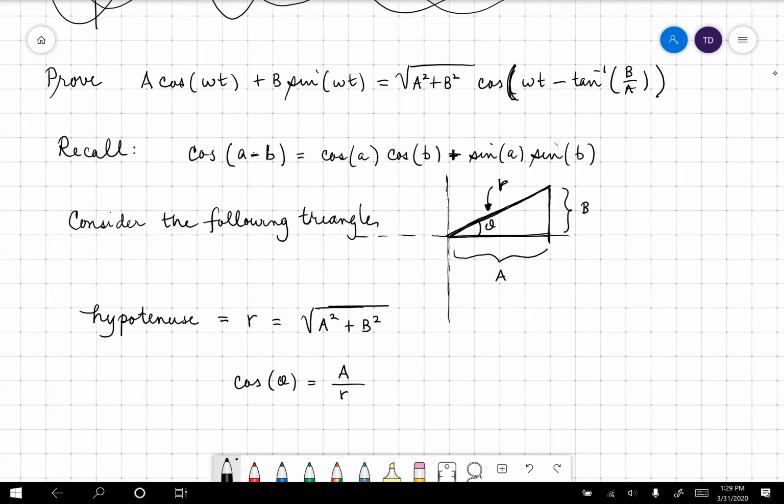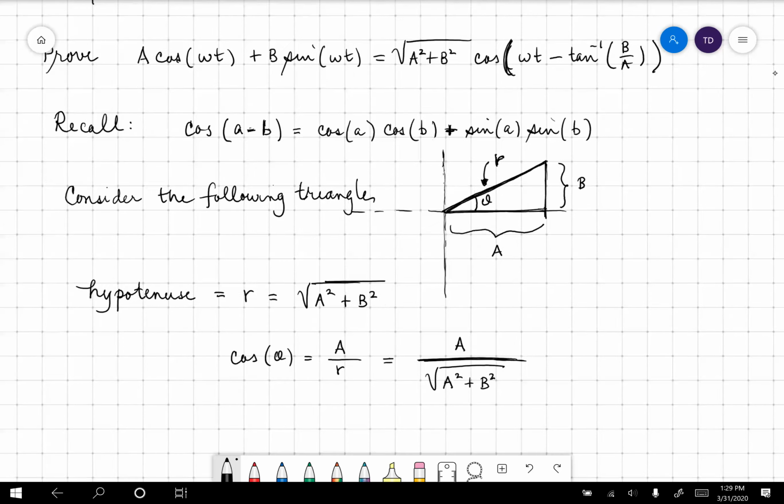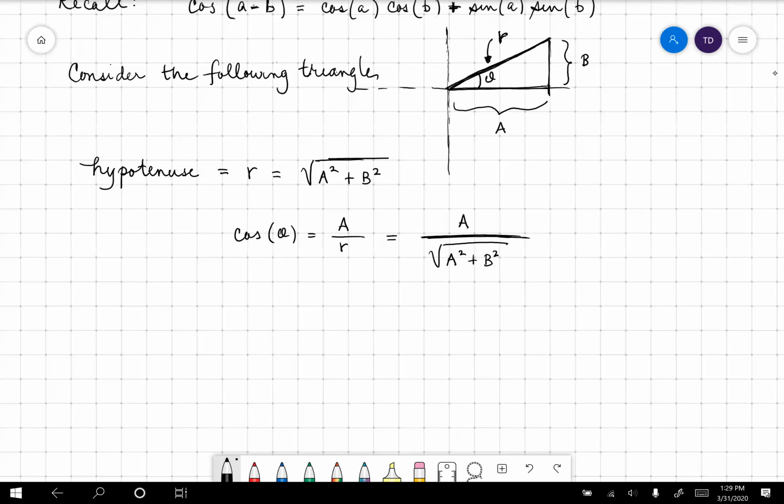It's A over R. So that's equal to A divided by the square root of A squared plus B squared. We know the sine of theta is the opposite over the hypotenuse, and that's going to be B over R. And so that's equal to B over the square root of A squared plus B squared.